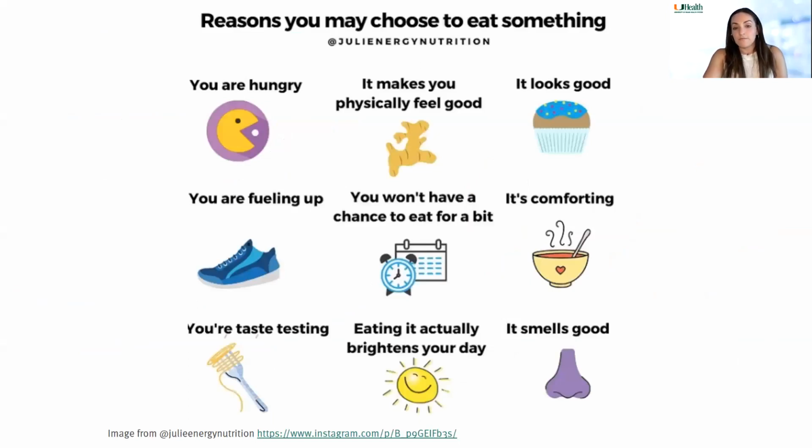So this is just an infographic from my friend Julie. She's actually who really inspired me to learn more about intuitive eating. And she is an intuitive eating counselor. So if you want more insight for yourself, I highly recommend her page. But as far as making peace with food, I like this infographic because it really resonates into why we choose to eat things, and that there are lots of different reasons why we may choose to eat things.